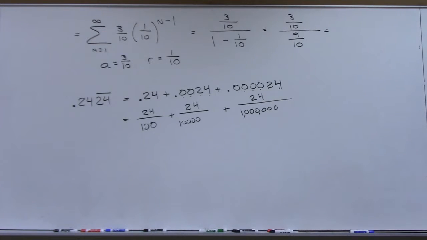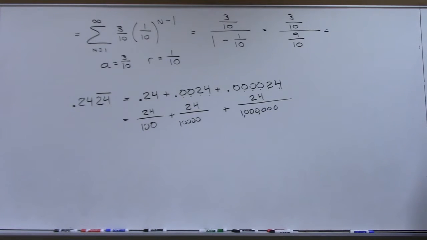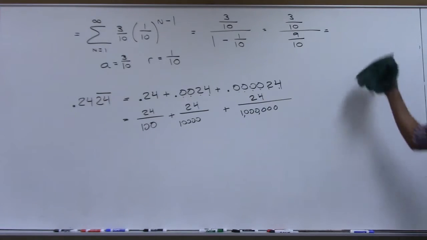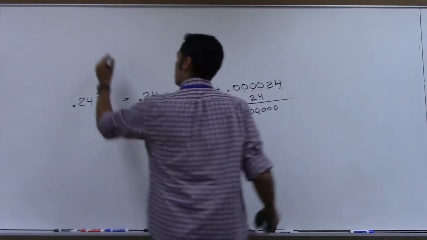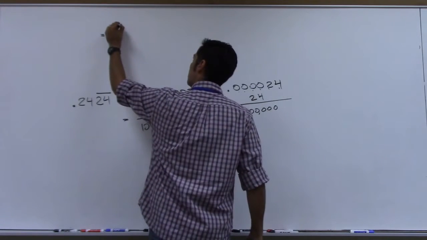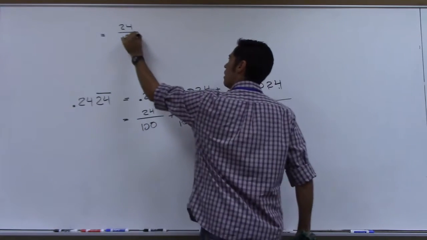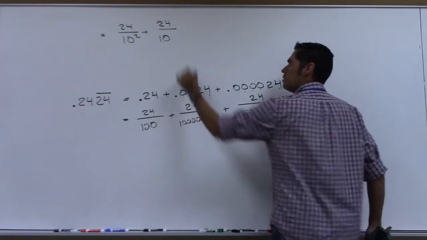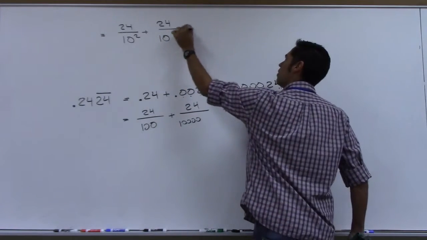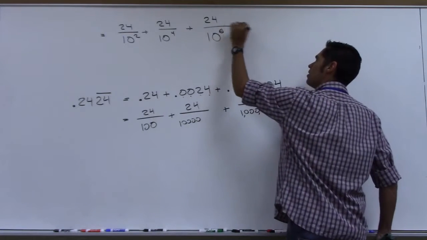That's all I really need to know, right? Let's write those as powers of 10. I think it'll be a little easier if we write those as powers of 10, don't you? Which is, let's see, 24 over 10 what? Squared plus 24 over 10 fourth plus 24 over 10 sixth plus, keep going.